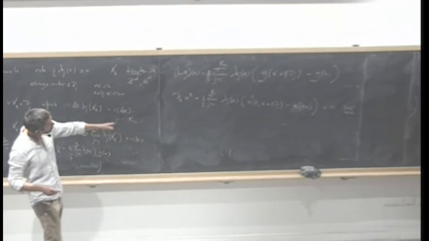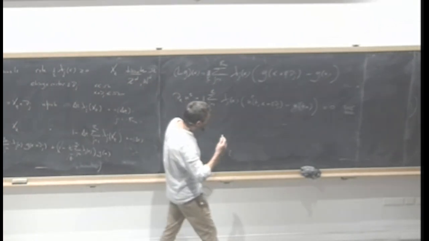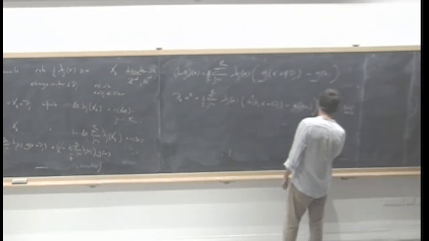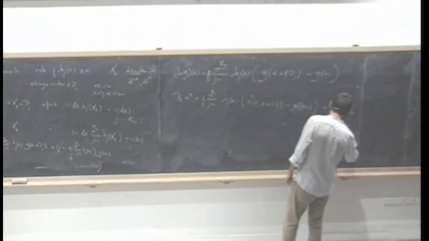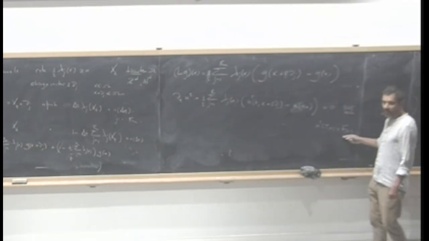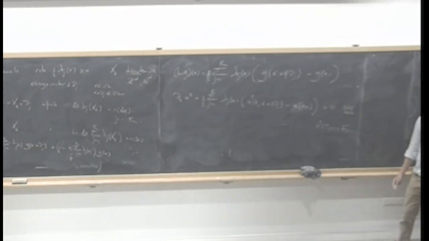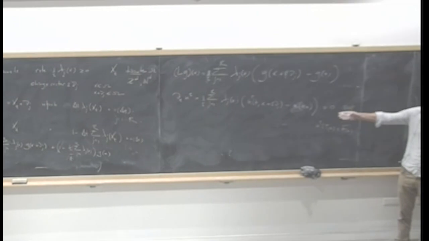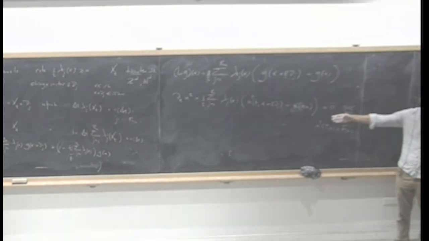Okay, so let's look at this. Suppose that we look at this with a final condition, which is just an f of x, no epsilon in the final condition. Then we can take epsilon going to 0. Let's try to take epsilon going to 0.